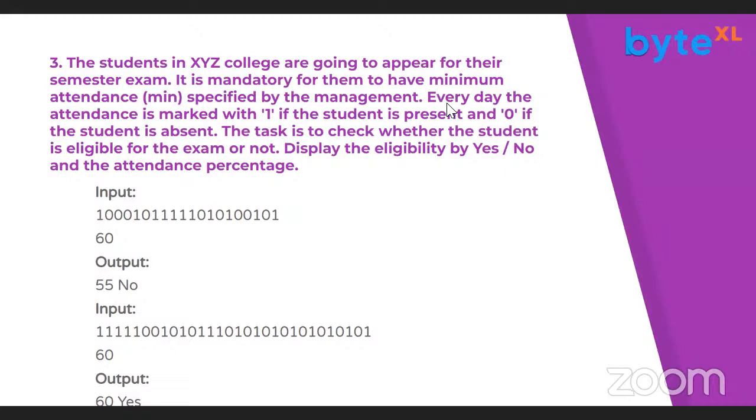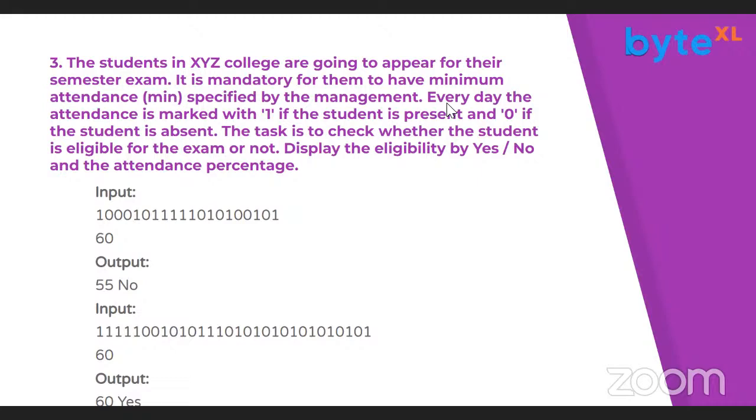Every day the attendance is marked with 1 if the student is present and 0 if the student is absent. Okay, if the student is present for the class, then the attendance is marked as 1 for him. If the student is absent, then 0 is marked. So 0 represents that the student is absent, and 1 represents that the student is present.